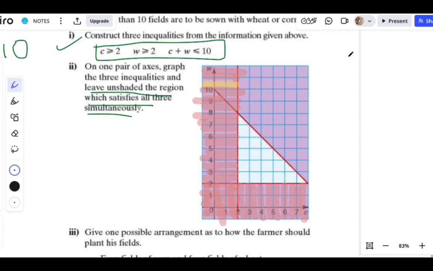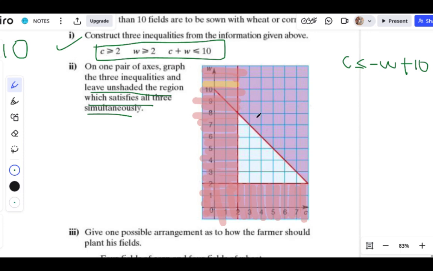Because if you move W to that side, it will be C less than or equal to negative W plus 10. So the line is going to slope like this. This is a negative slope. Positive slope will go this way.